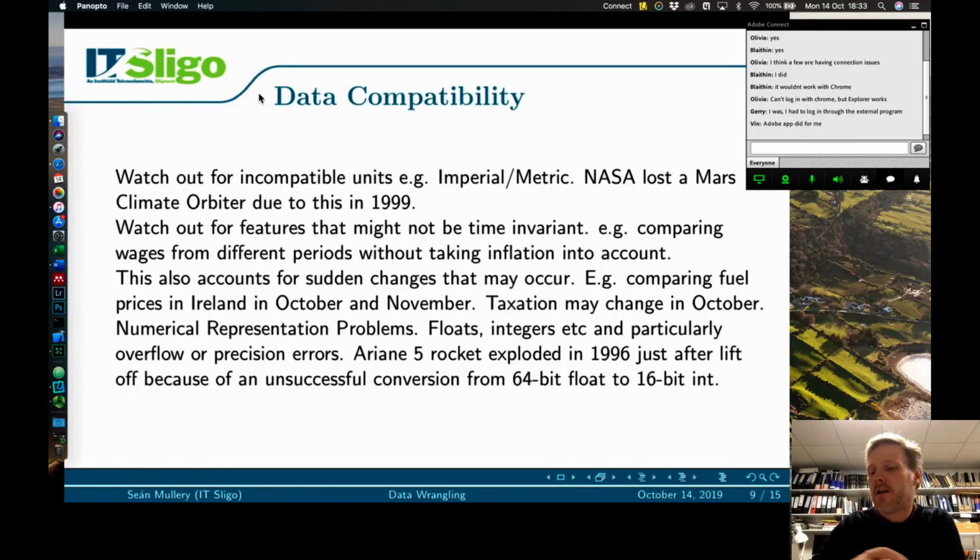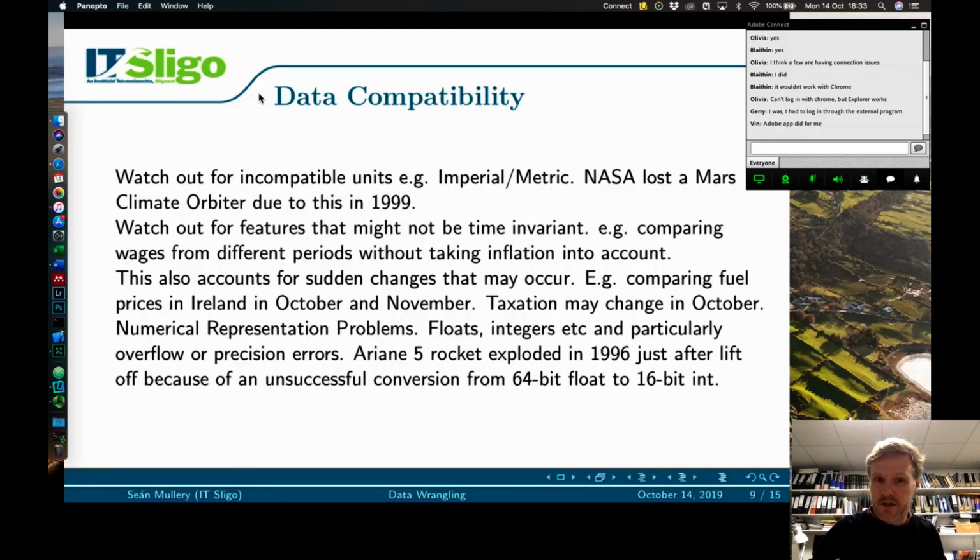It might take a few months before a household realizes that they don't have as much income to play with, and so on. If you look at that data and you don't take into account those sudden changes, then once again you've got a compatibility problem. So you might often have to correct for this sort of thing, and it would be vitally important that you write that into your methodology.